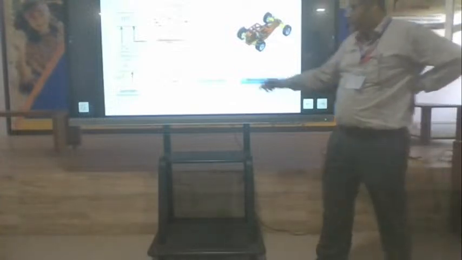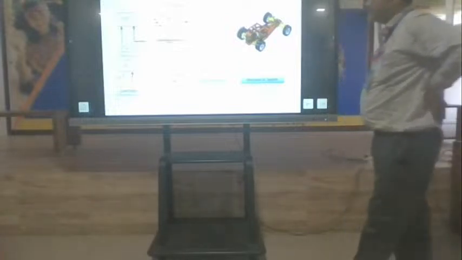This is your three-phase induction motor, connected to the back axle of the electrical vehicle. Omega represents the angular speed. Here you can use methods like direct torque control.